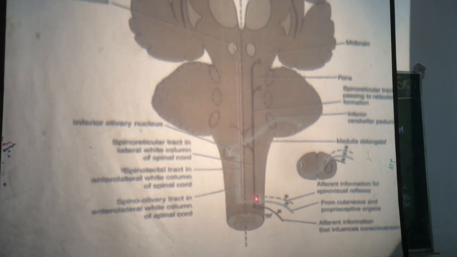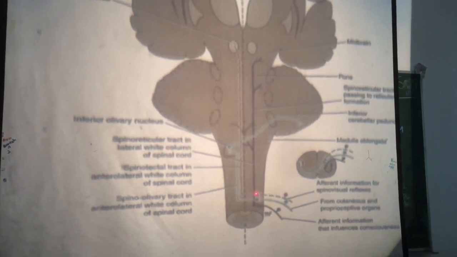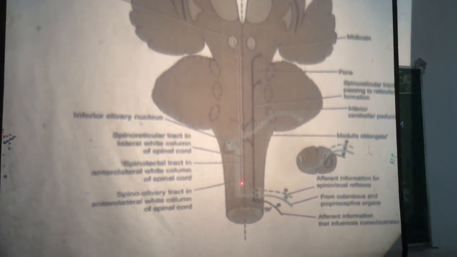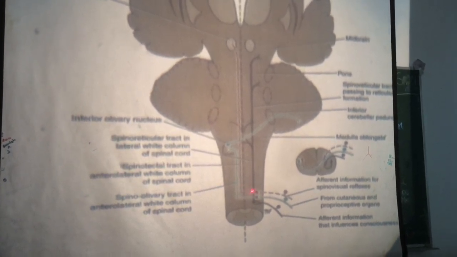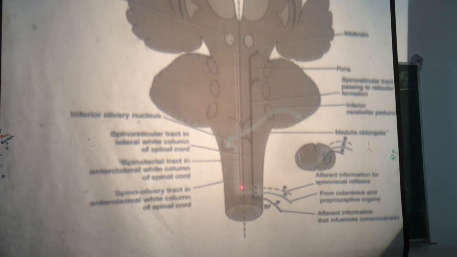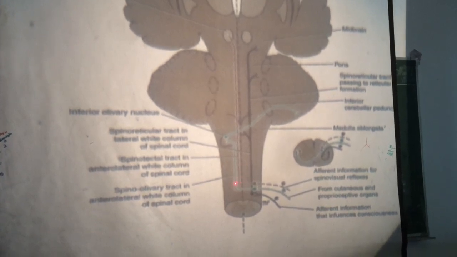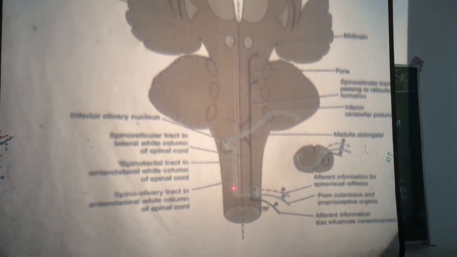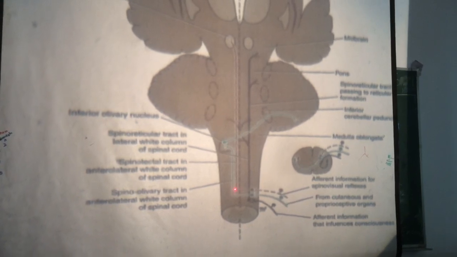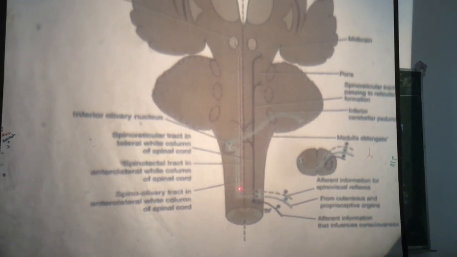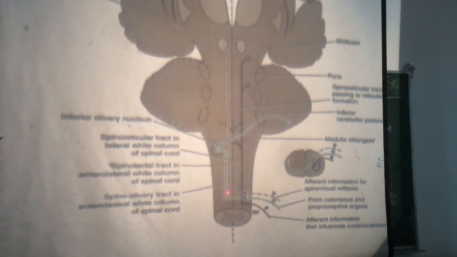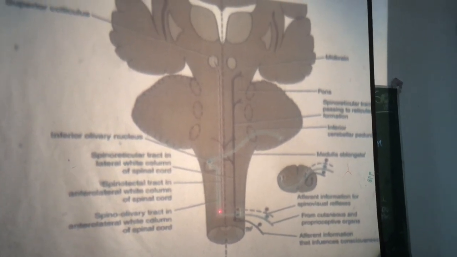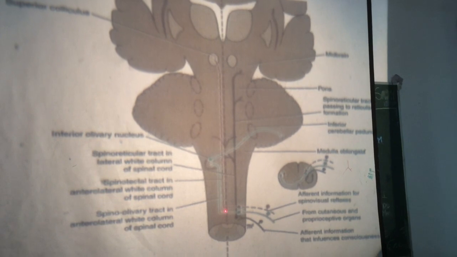Second order nerve fibers cross over to the opposite side to enter the anterolateral white column of the opposite side. So the tract is formed on the opposite side.